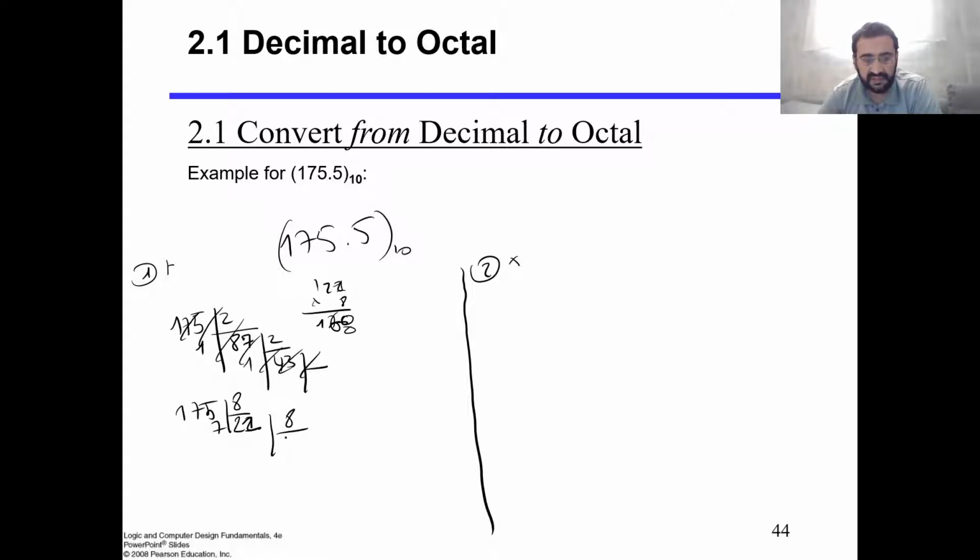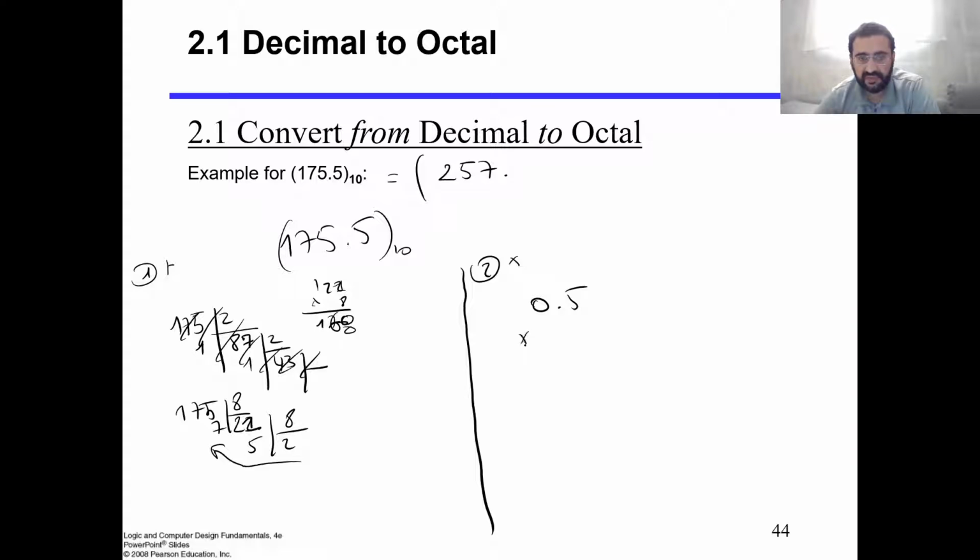Now we divide by 8 again. 21 divided by 8 is 2, and the remainder is 5. And then we just need to read the result from bottom to top, in the reverse order. So this will give us 257 point, and then we continue here by doing the conversion of the fractional part.